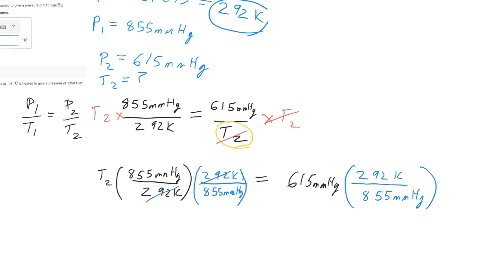Right? 292, 855, that crosses out. And that leaves us with T2 equal to that term.